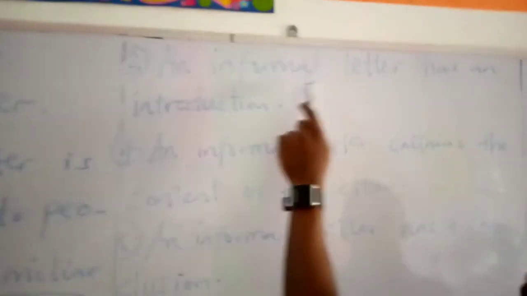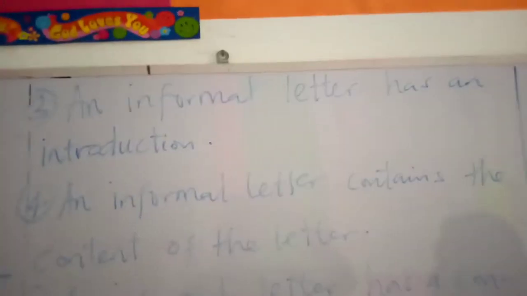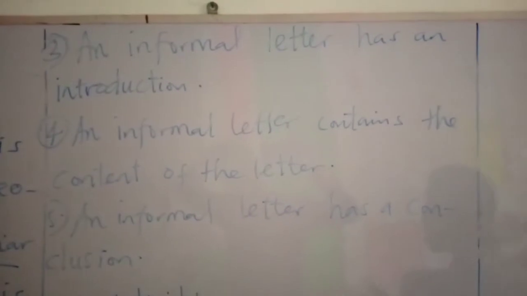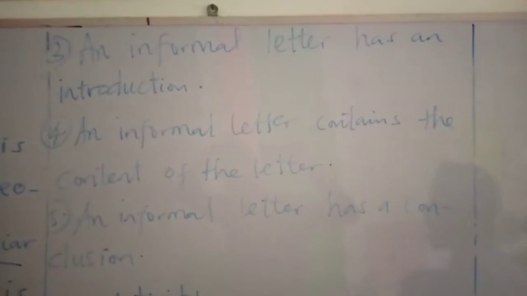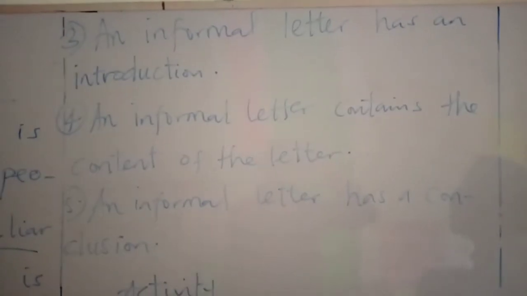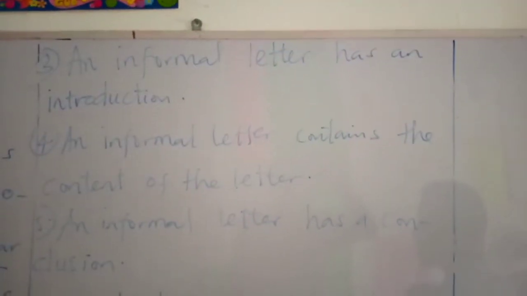Now, number three, an informal letter has an introduction. When you're writing an informal letter, you don't just go straight to telling the person what the letter is about. You have to introduce the letter. And how do you introduce your letter? Most times you do this by greeting.